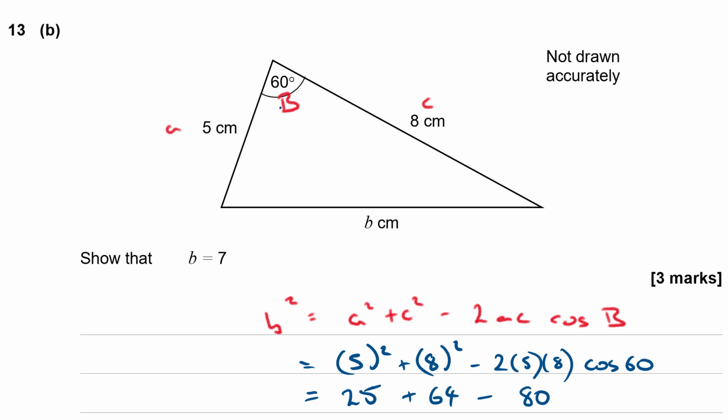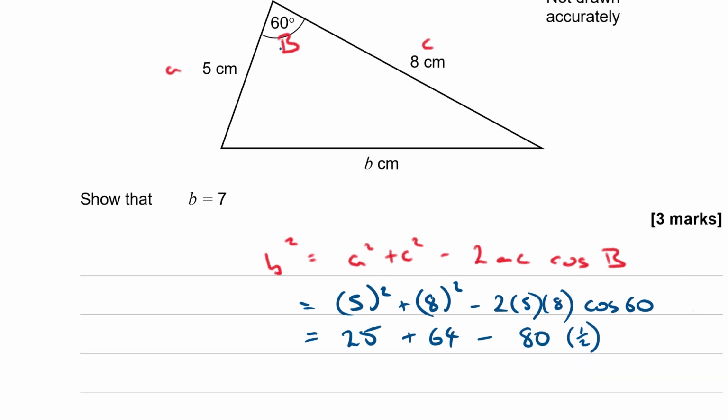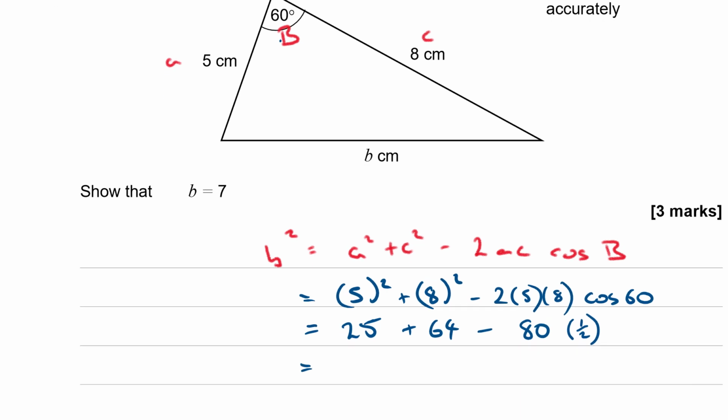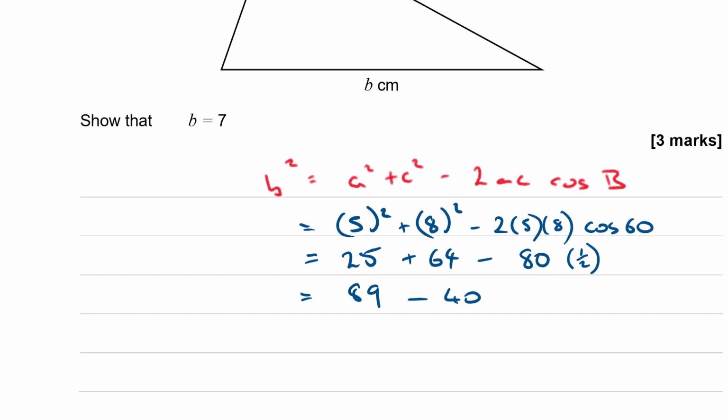And cos 60 we said earlier was a half. So 25 and 64 make 89, subtract 40, which is 49, isn't it? And the square root of 49 is 7 as required.